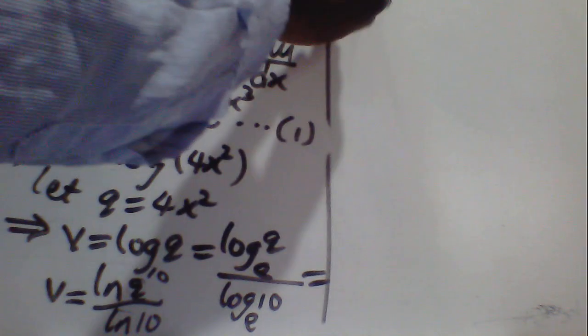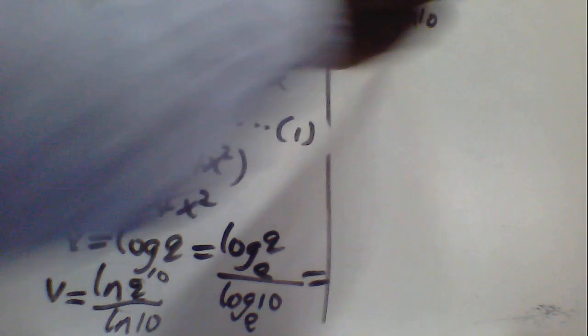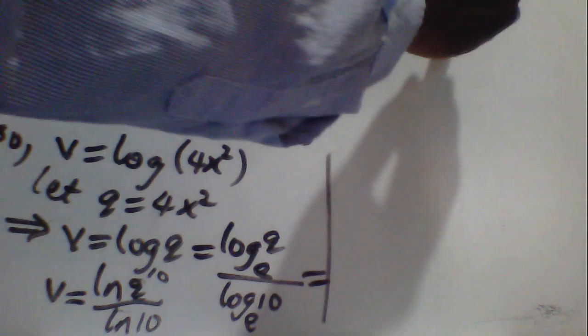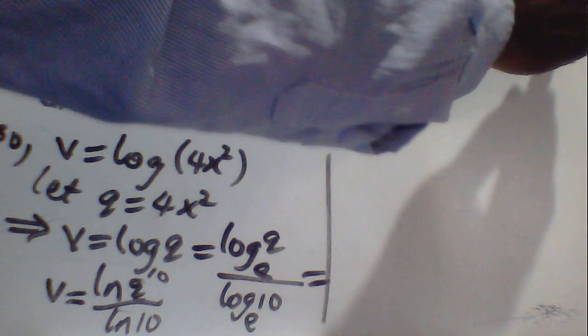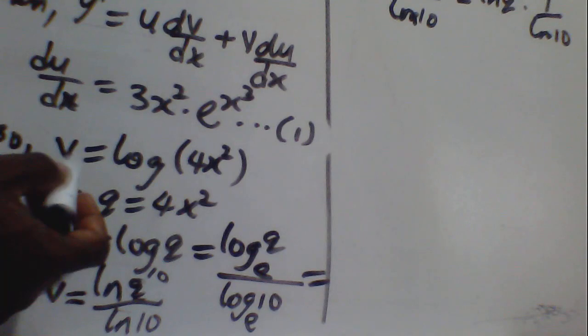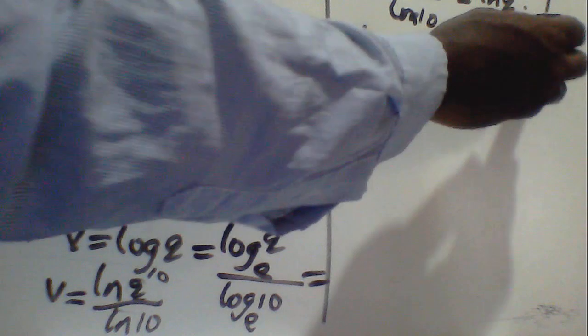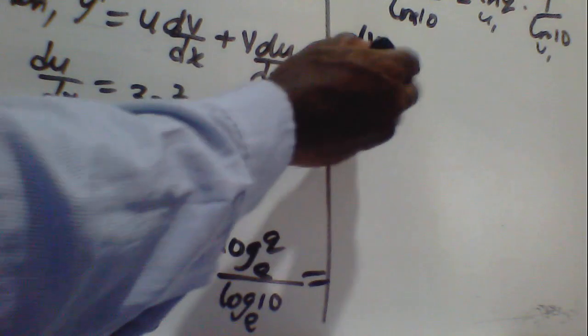We have that v is equal to ln q over ln 10, so we can split it into two. This is the same as ln q multiplying 1 over ln 10. Using the product rule, this can act as u1 and this one can act as v1.